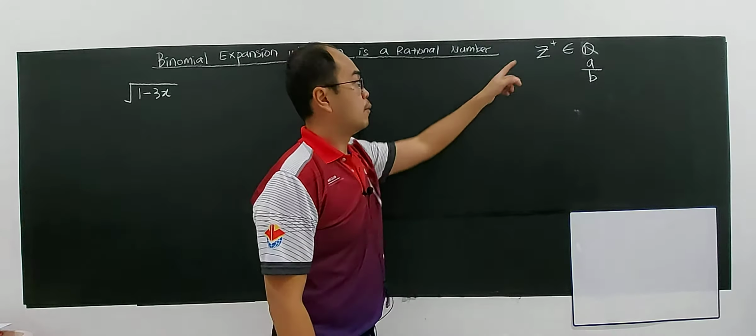But in this case, binomial expansion when n is a rational number, it is more than that. The power here can be 1 over 4, can be negative 2, or any number that can be written in the form of a fraction. This formula is more powerful for expanding a binomial term.